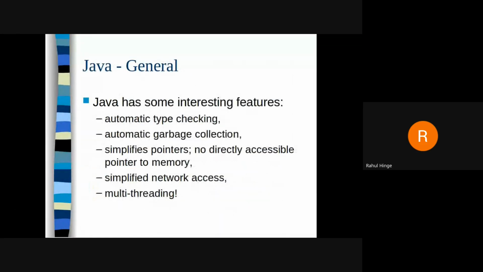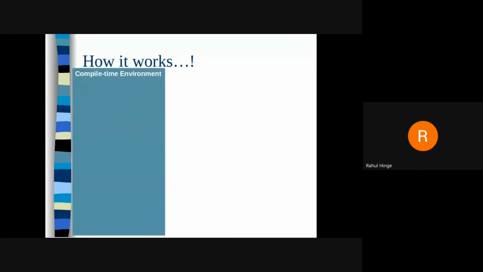All right. So we have covered these things till today. Now you understood the Java source code. Then we use javac, it compiles the file, then it creates a bytecode.